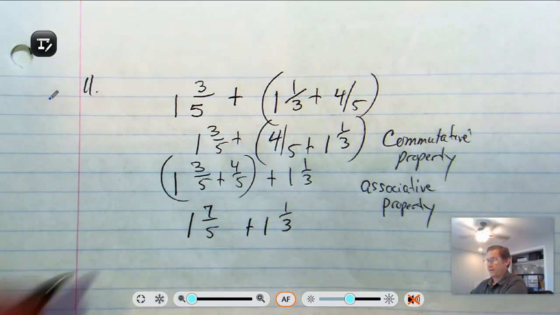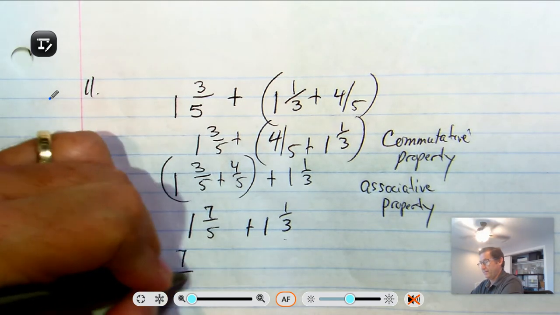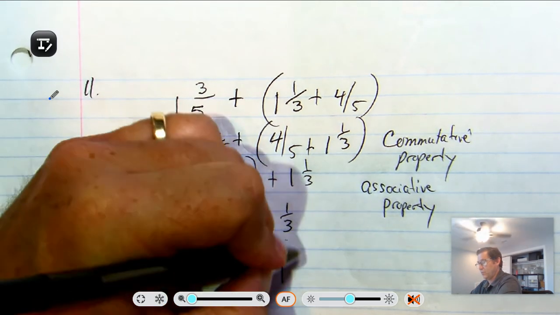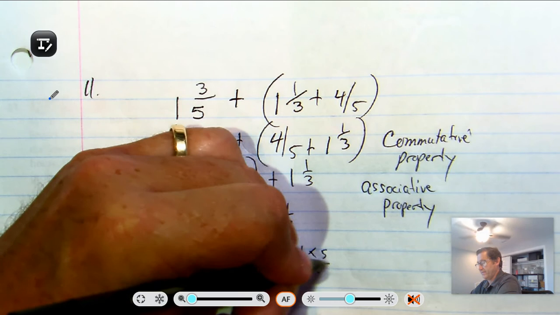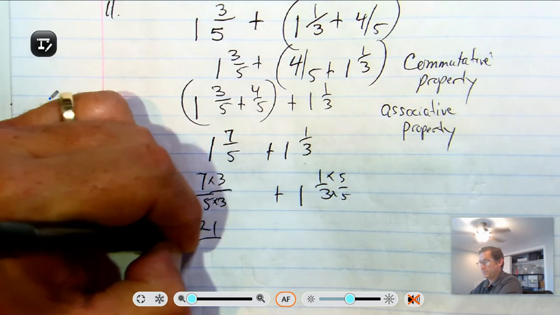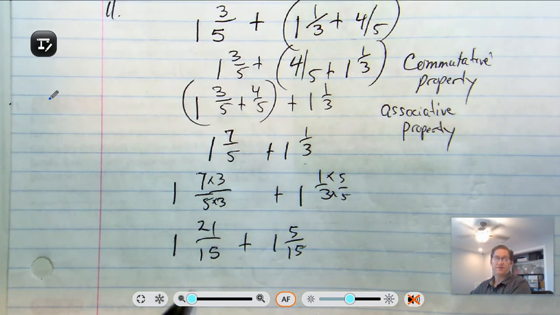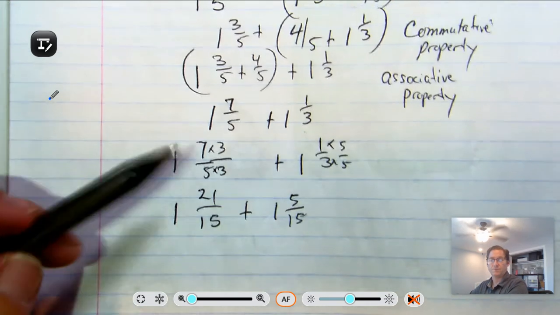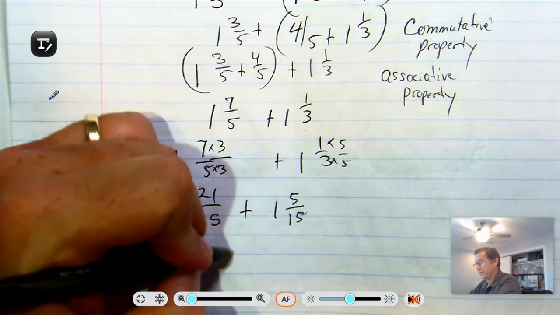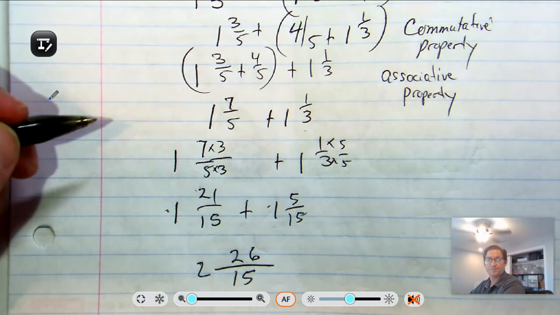Okay, well, they don't have a like denominator, so I'm going to multiply 1 and 7/5 by 3/3. And I'll multiply the 1/3 by 5/5. So the equivalent denominator is 15ths. Now we can just add the fractions. 21 plus 5 will give me 26/15. 1 and 1 is 2.